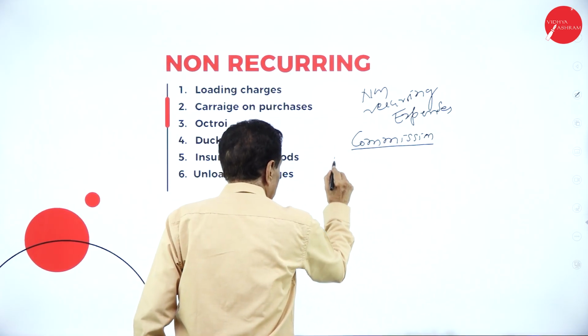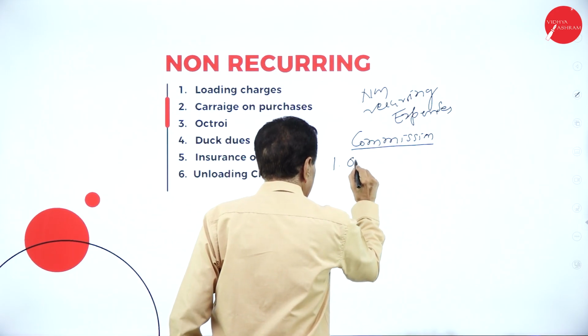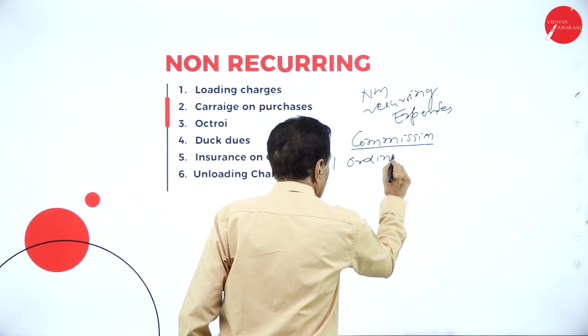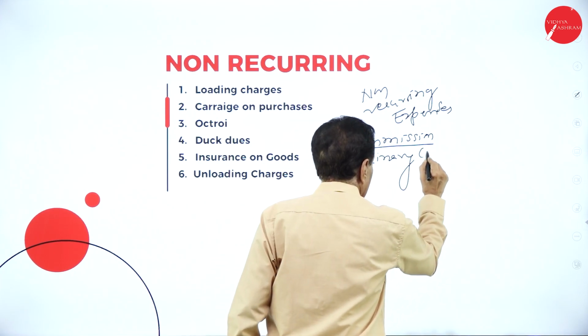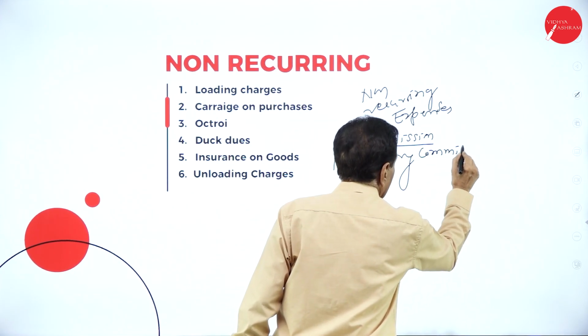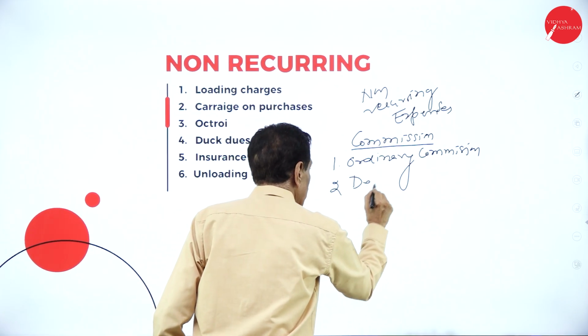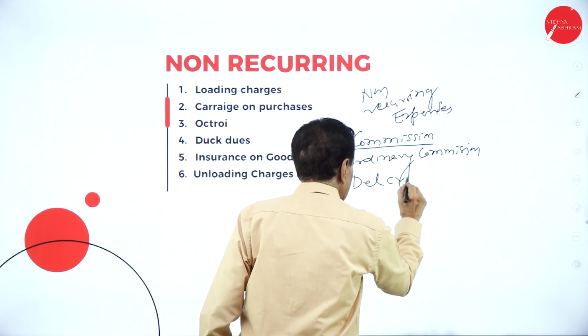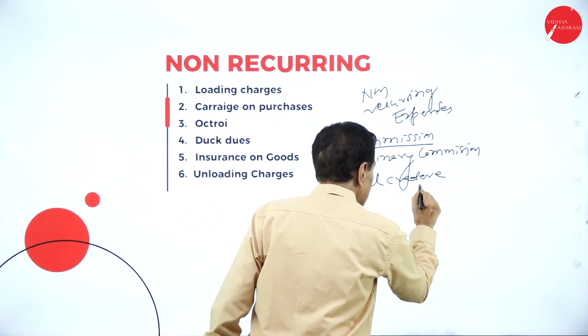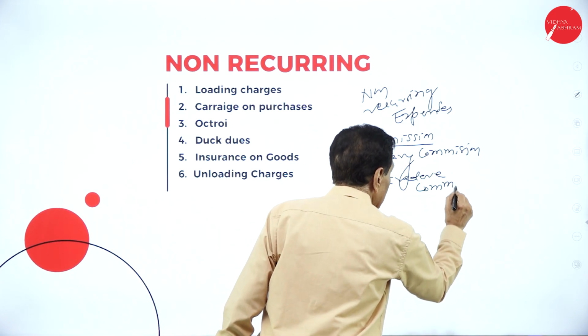we have got number 1, ordinary commission. Number 2, Del Credere commission, D-E-L C-R-E-D-E-R-E, Del Credere commission.